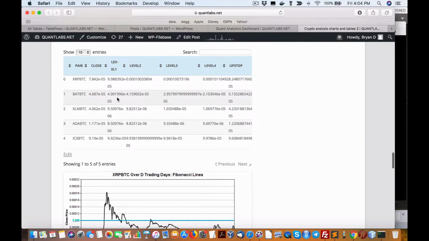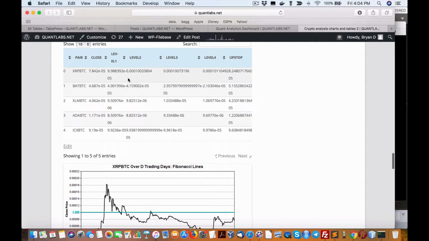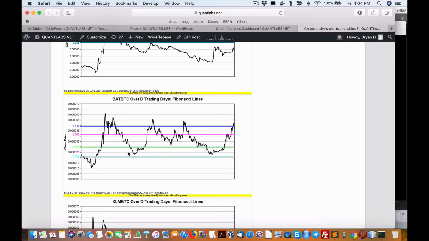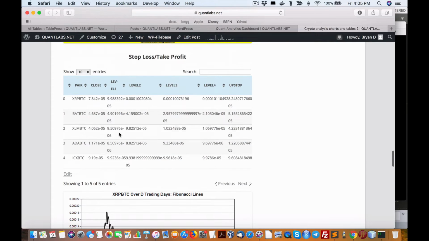Here's the levels. These are Fibonacci levels. Okay, level 1, 2, and 3. Let me show an example. So in these charts, got level 1, 2, 3, and 4. These are the different levels, 0.236, 0.382, and so on and so forth, if you're a Fibonacci fan.